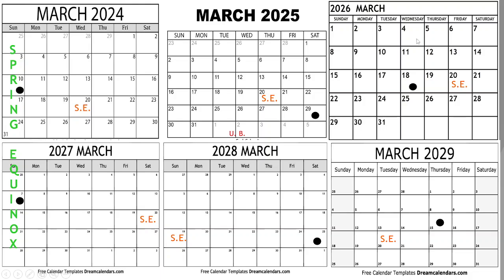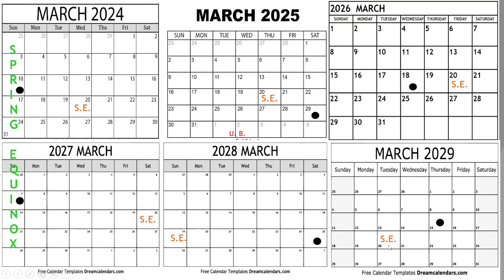March 2026, on the 20th, spring equinox shows up. March 2027, on the 20th, the spring equinox shows up. In March 2028, on the 19th, the spring equinox shows up. And in March 2029, the 20th, the spring equinox shows up.